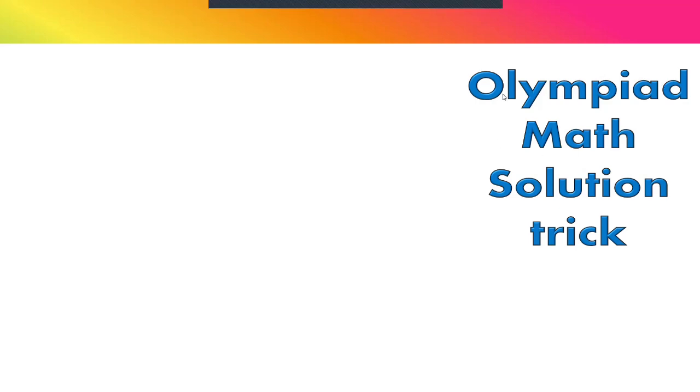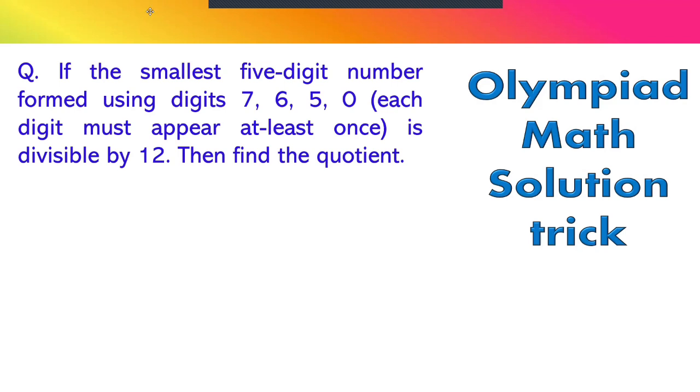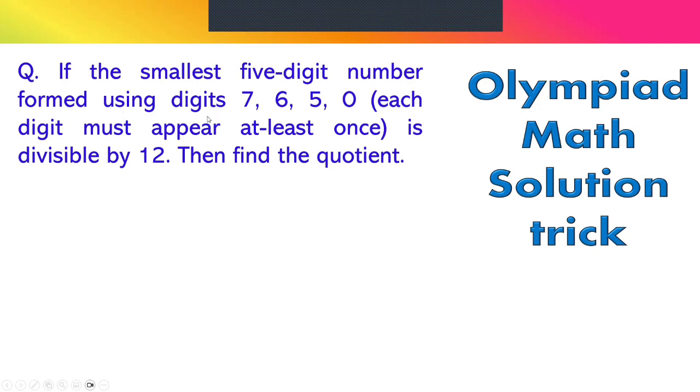The question is: the smallest 5-digit number formed using the digits 7, 6, 5, 0, where each digit must appear at least once, and the number you form is divisible by 12.